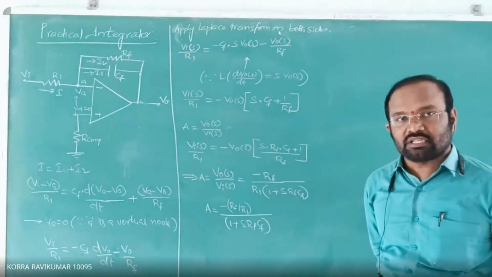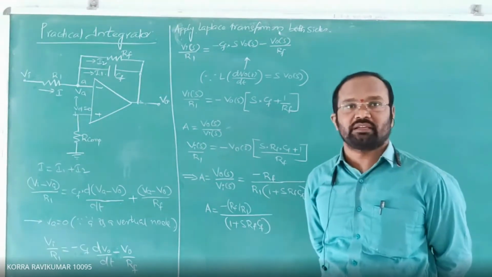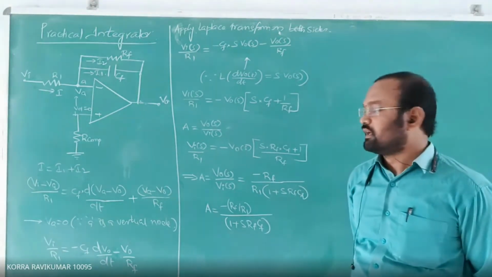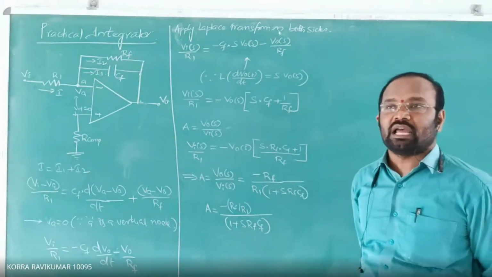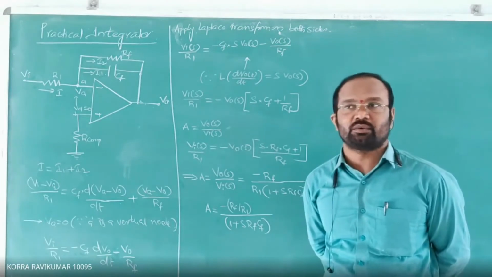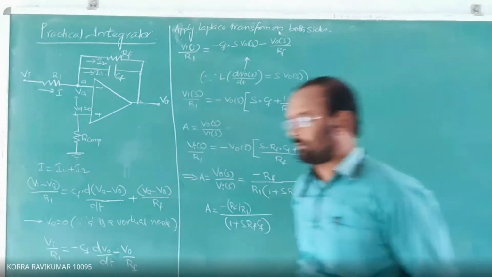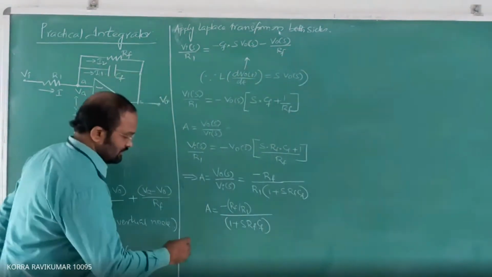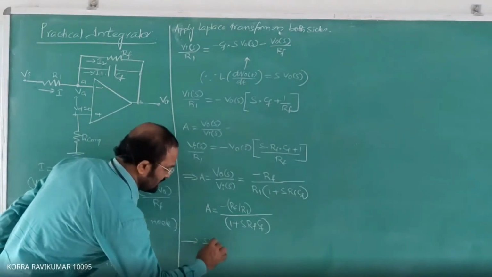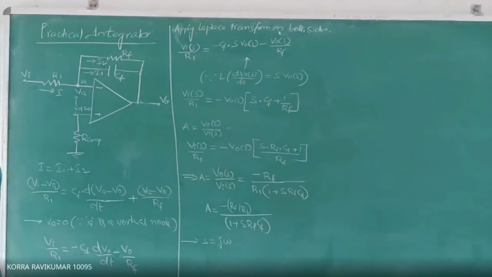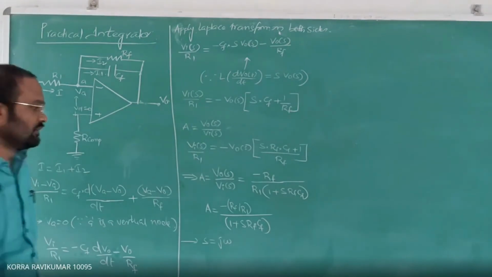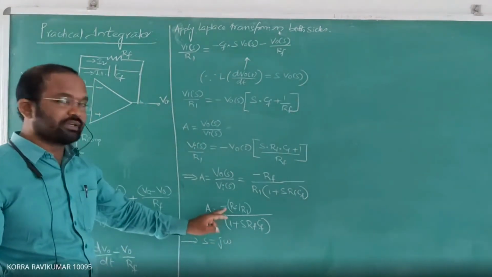To convert the Laplace domain into the frequency domain, what we have to do is replace s with j omega. So here we know that s is equal to j omega. Substitute it in the above expression.